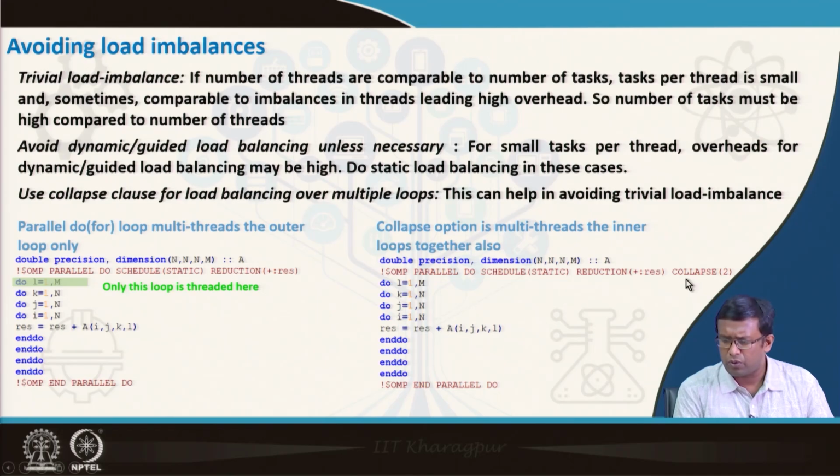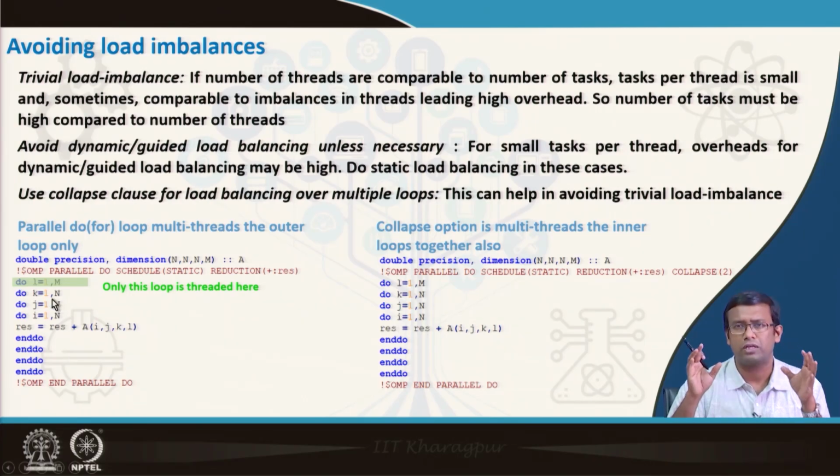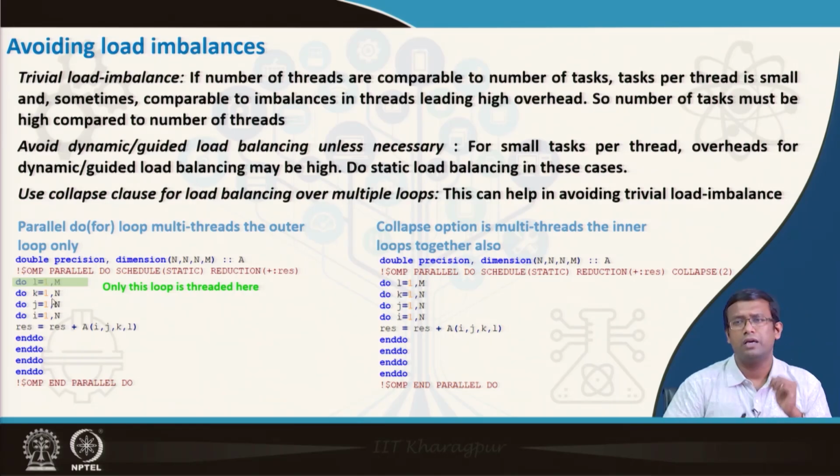So, one idea is to use a collapse of level 2. What will happen? The first two outer loops will be collapsed and both of them will be threaded. So, threads will be launched not only over the outermost loop, but the inner loop will also be threaded. That means one thread will take, say, the first 5 of the outer loop iterations, and inside each outer iteration, there will be threads which take care of, say, the first set of the inner loops.